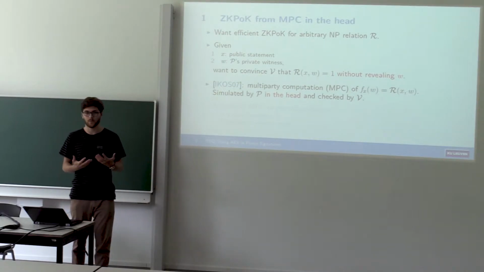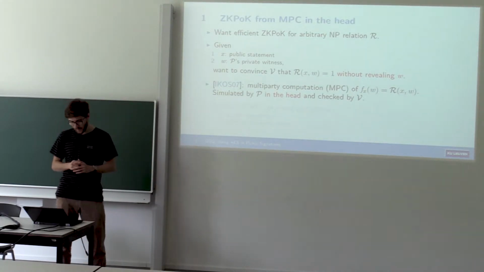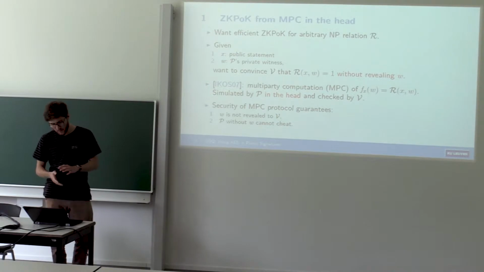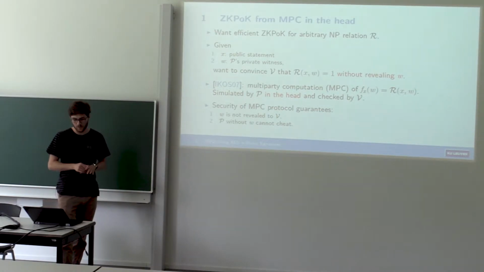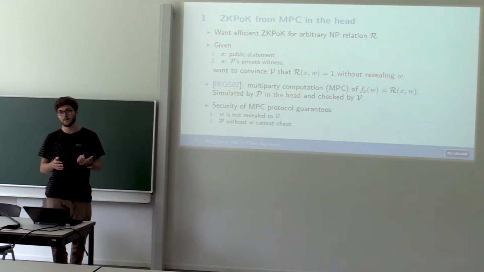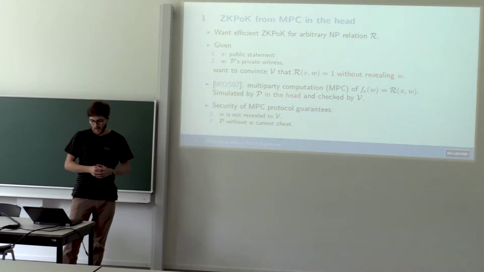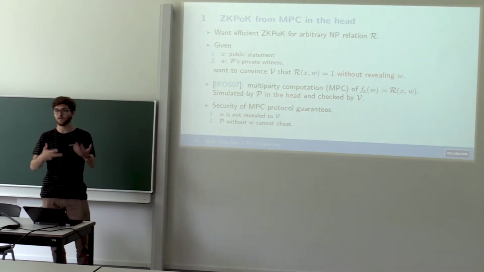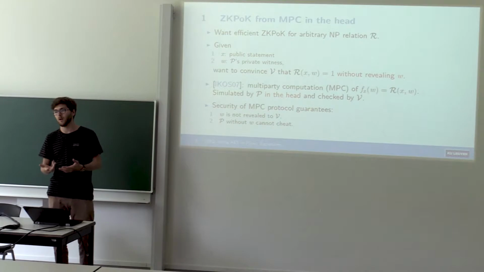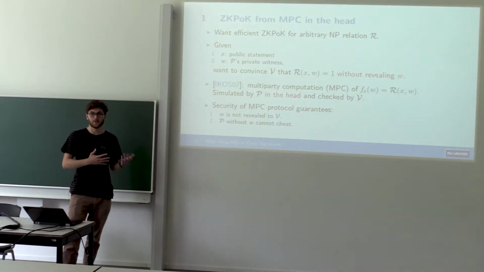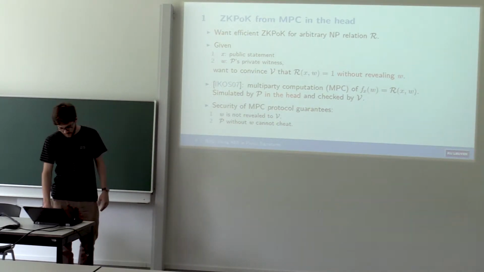And this is what the proof is going to be. The security of the underlying MPC protocol guarantees first that the witness is not revealed because it's going to be shared across different parties, and also that the prover cannot cheat if he doesn't know it, because the computation of the protocol should not return 1 if the witness is not a true witness.